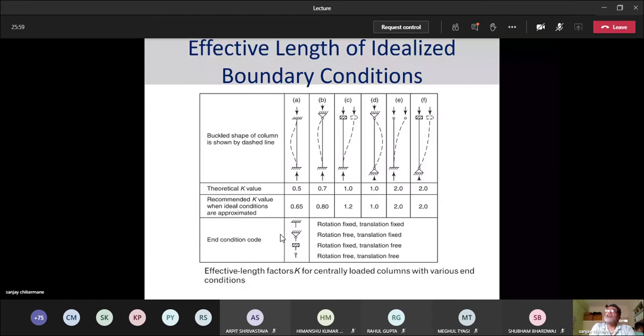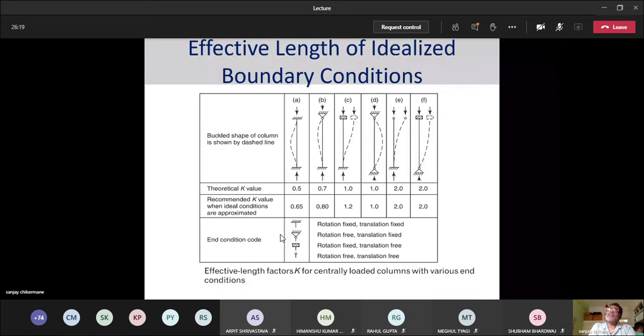So the design of a compression member is always also about how you restrict the effective length. One way is to add supports. If you have a lot of supports, then you will by default restrict the effective length.